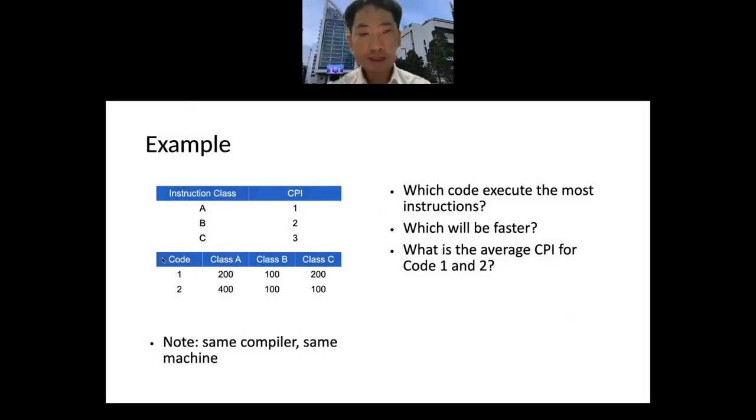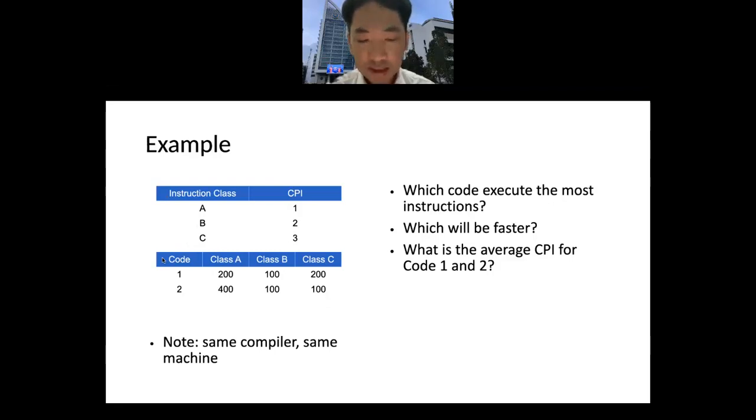Here is an example of how to use that kind of formula. Look at the table here. There are 3 instruction classes, class A, class B, class C. What does it mean, instruction classes?